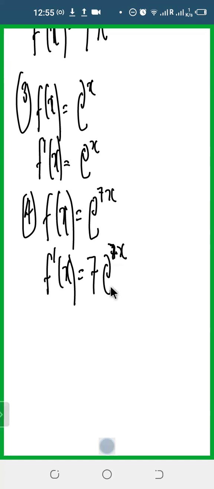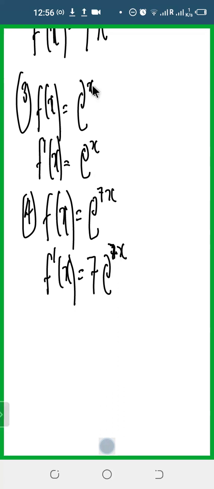If you look at number 3 and 4, they are similar, but the fact that the exponent has a constant together with the variable. So the rule in this case is that you multiply by the constant, and then the power remains the same.